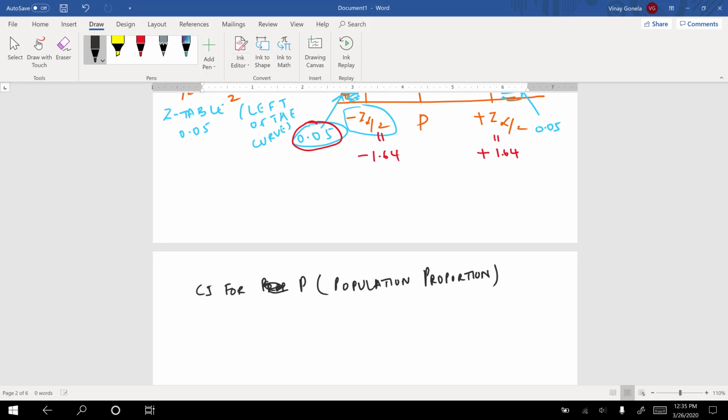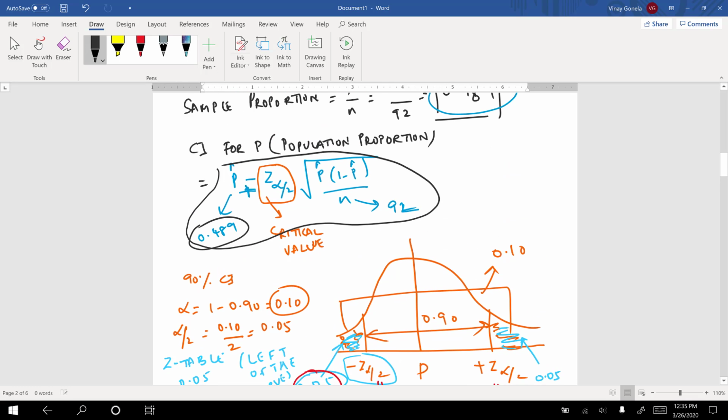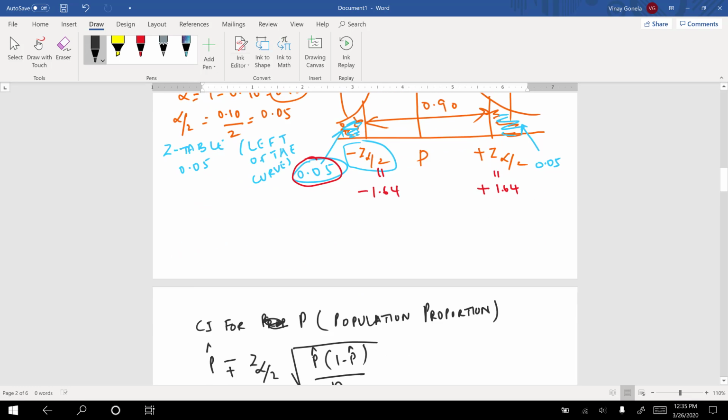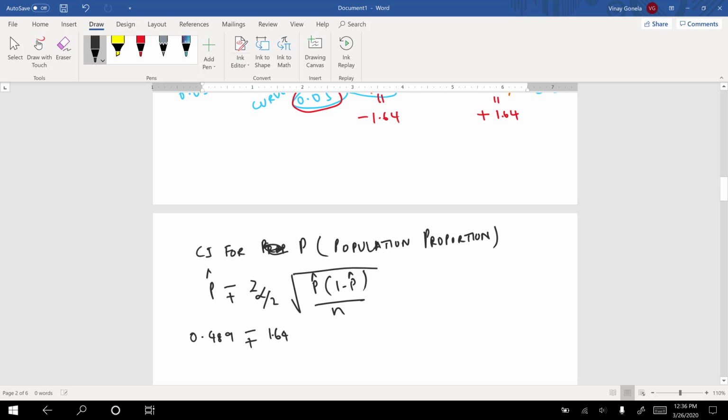So this is p hat plus or minus z alpha over 2 times the square root of p hat times 1 minus p hat divided by n. So our p hat we got is 0.489. So that would be 0.489 plus or minus z alpha over 2, which is 1.64. Usually the minus and plus is taken care of by this.